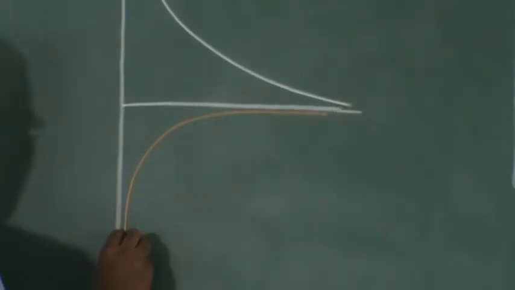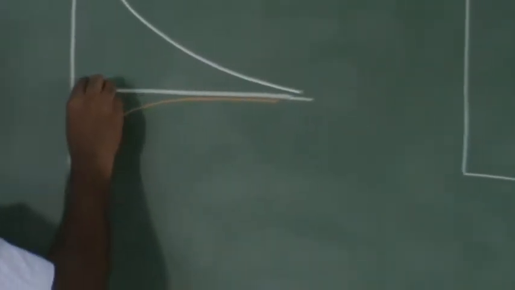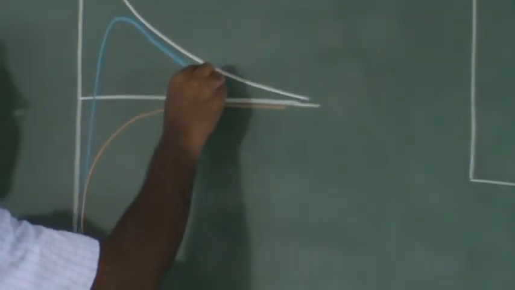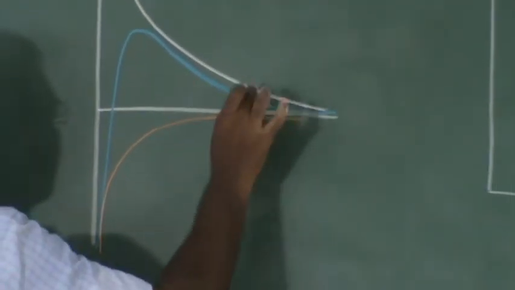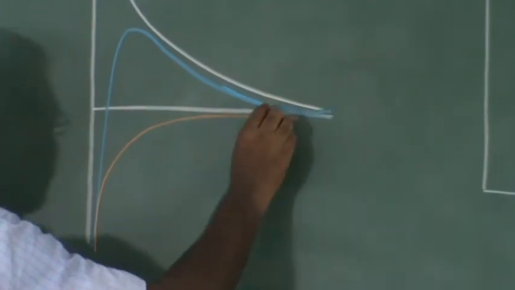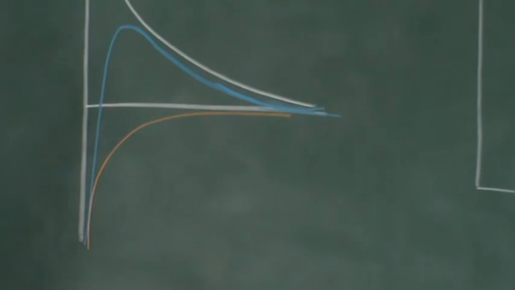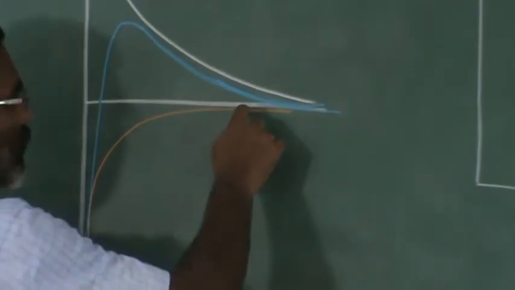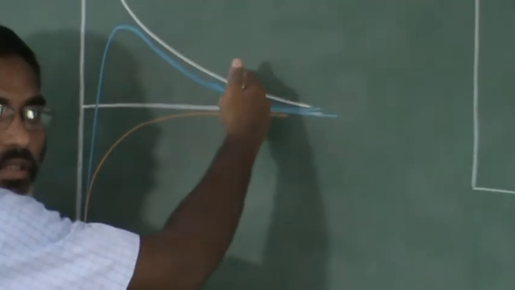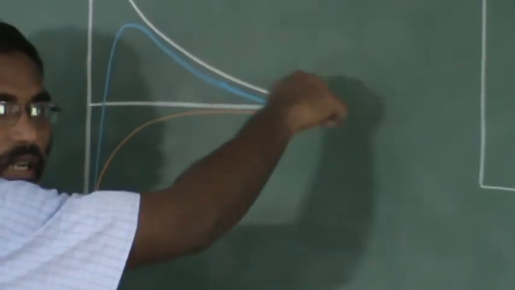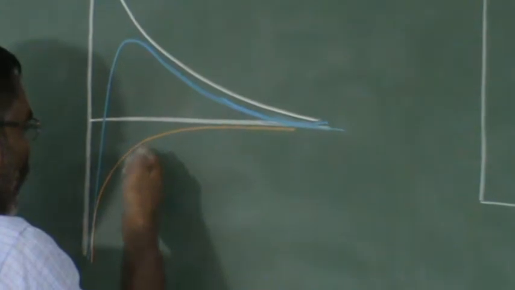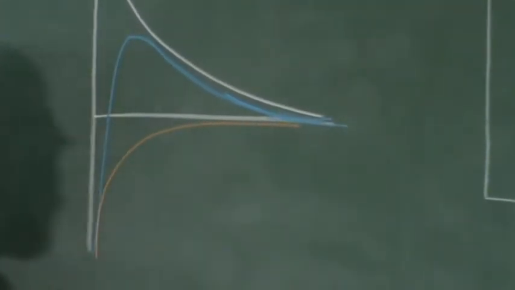So the effective potential will be something like this. Okay, there is no problem. See, this goes to 0 faster, so this is what remains. This will dominate as r tends to infinity and this will dominate as r tends to 0.